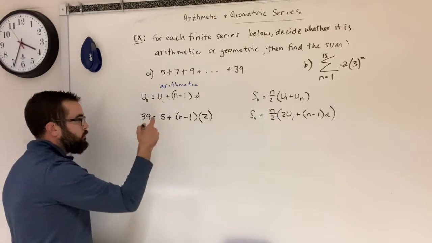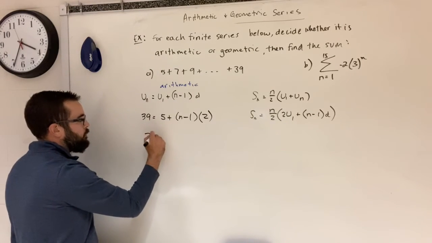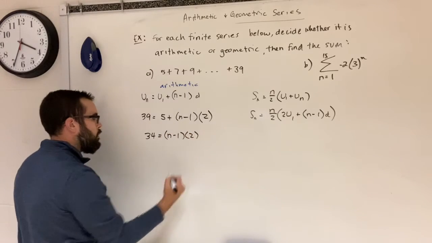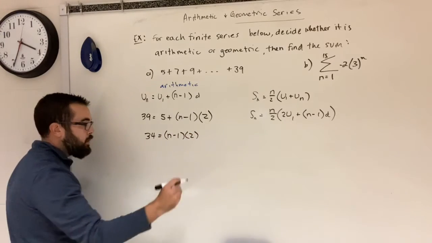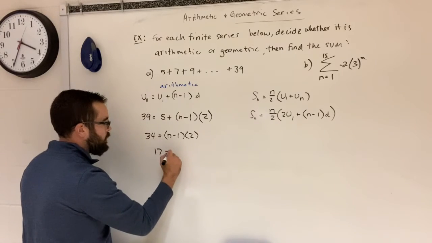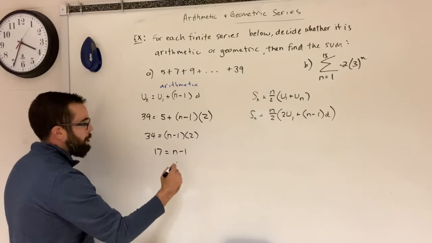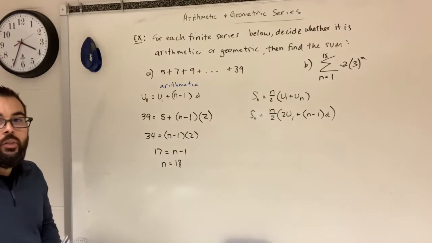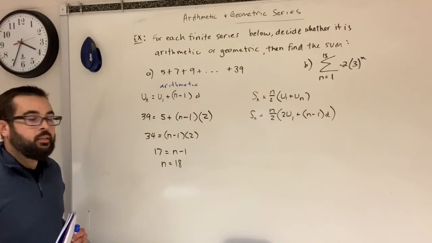All right, now solve this for n. So subtract 5, we'd have 34 is equal to n minus 1 times 2. Then divide by 2, so we'd have 17 is equal to n minus 1. So n is 18. And now we know the number of terms in this series.